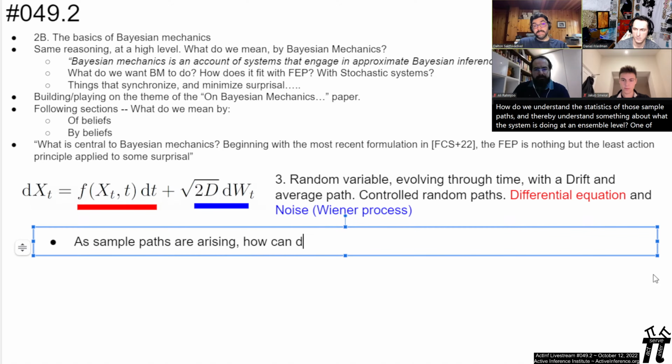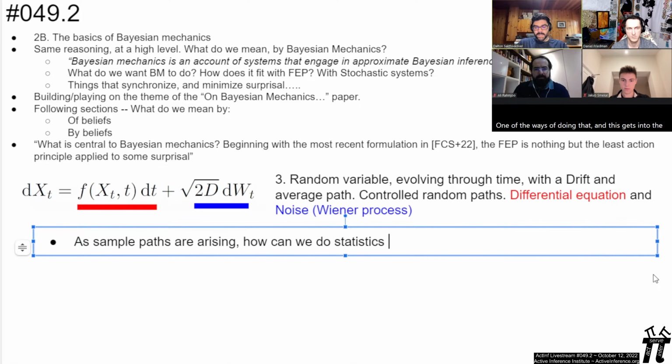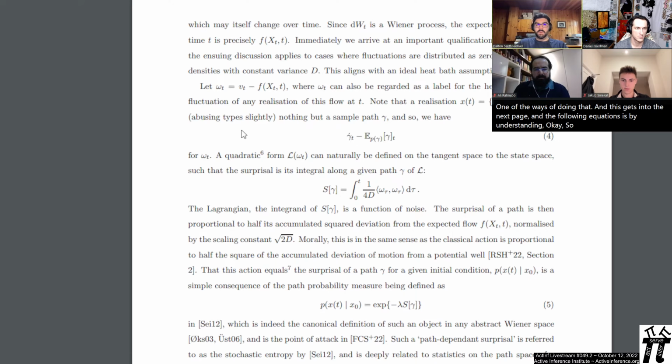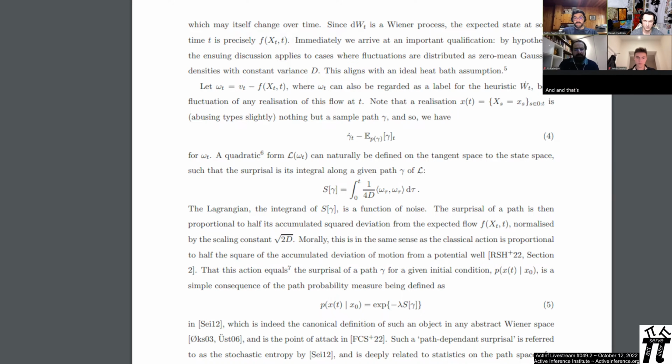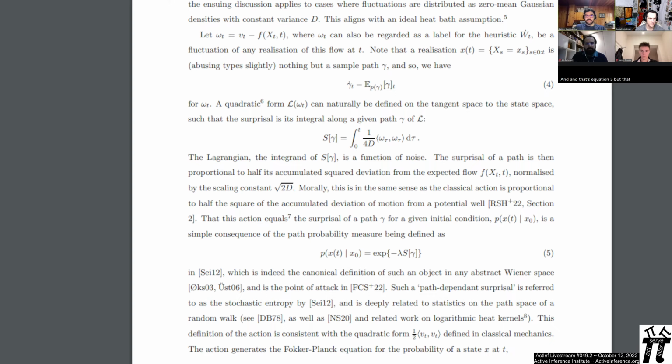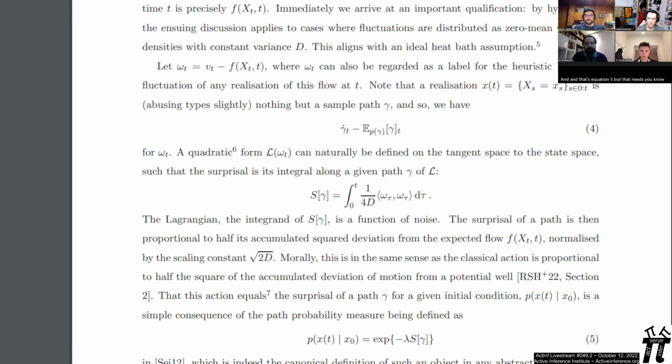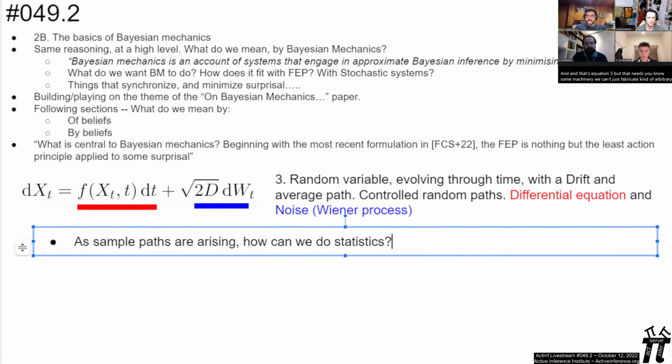One of the ways of doing that, and this gets into the next page and the following equations, is by understanding, okay, what is the probability of a path? And that's equation 5, but that needs some machinery. We can't just fabricate arbitrary probability over paths. So where do we get that from?